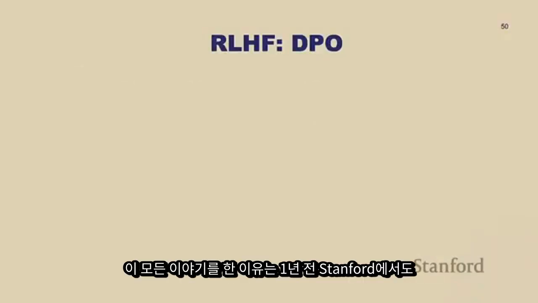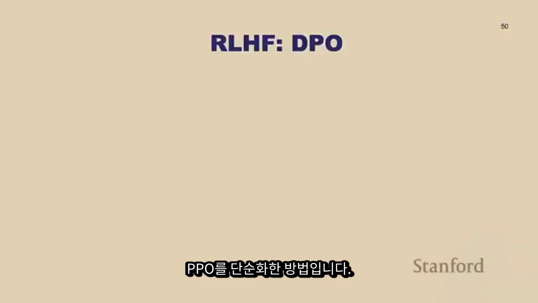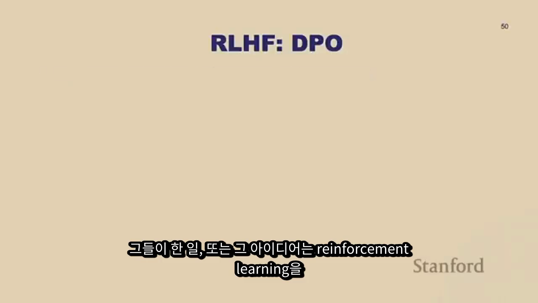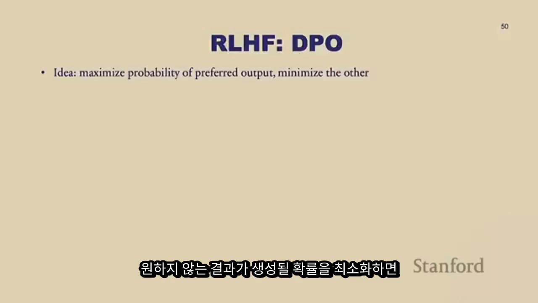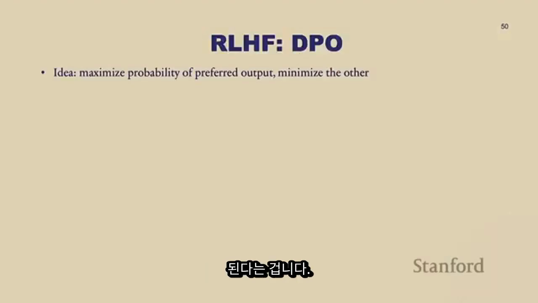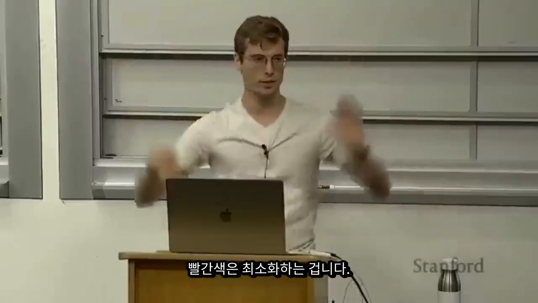All this to say, that there was a new method that was proposed also from Stanford 1 year ago called DPO, which is essentially a simplification of PPO. And the idea that they have is that instead of using reinforcement learning, you can just maximize the probability of generating the stuff that you like and minimizing the probability of the stuff that you don't like. So if you think about the human preference, the red and green, maximize green, minimize red.